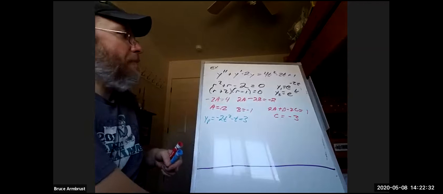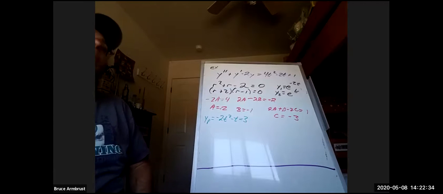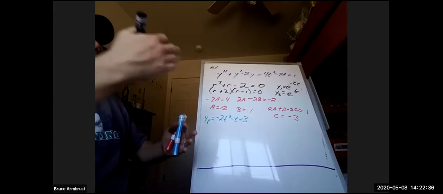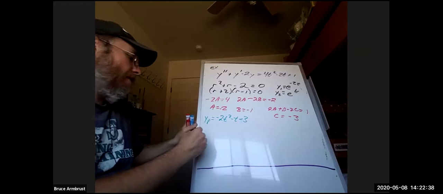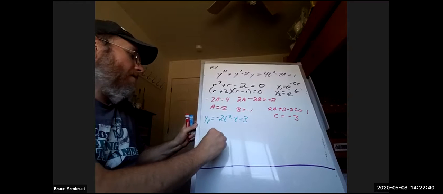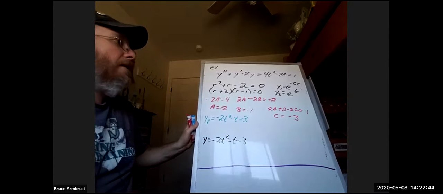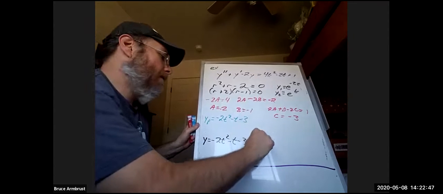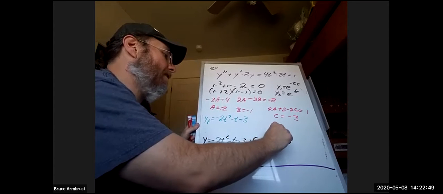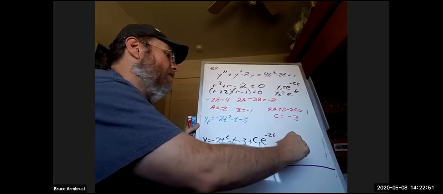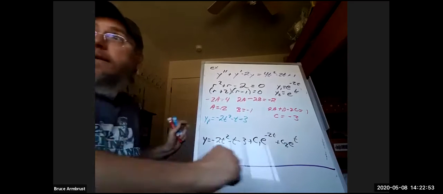But now that I've got that particular solution, I'm ready to write the overall solution for this differential equation. It's going to be minus 2t squared minus t minus 3 plus c1 e to the minus 2t plus c2 e to the t.